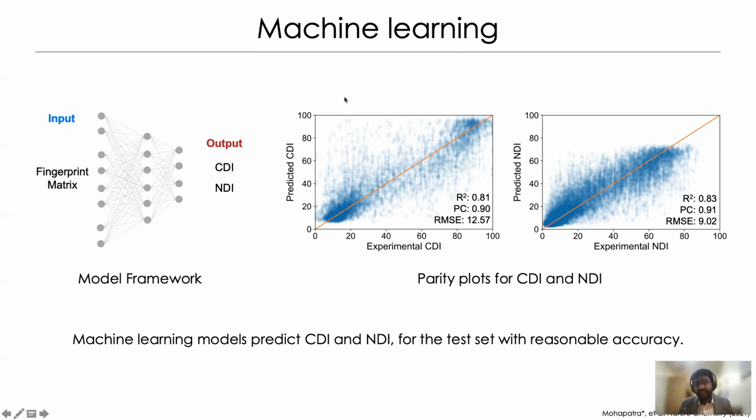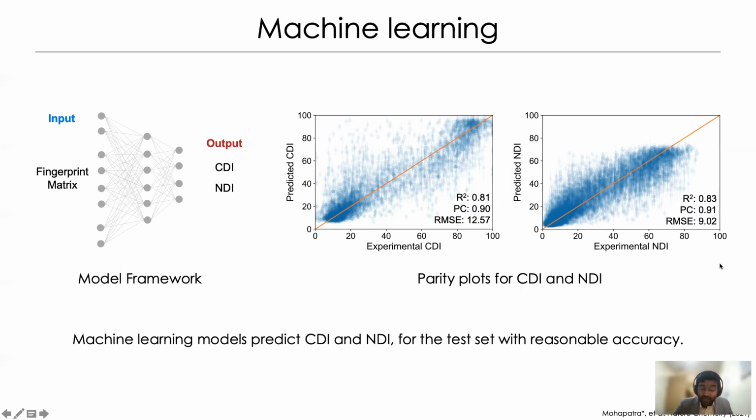And dividing and splitting the entire data set as 60, 20, 20, as 60 as train, 20 as valid, and 20 as test data, we got really good results for a particular model architecture, essentially a CNN model, where we had an RMSE of 12.57 on the absolute scale and an RMSE of 9.02 on the absolute scale for CDI and NDI respectively.